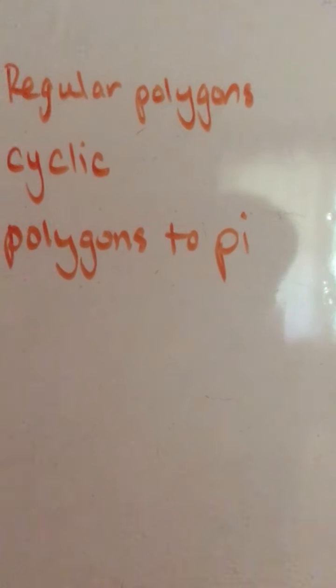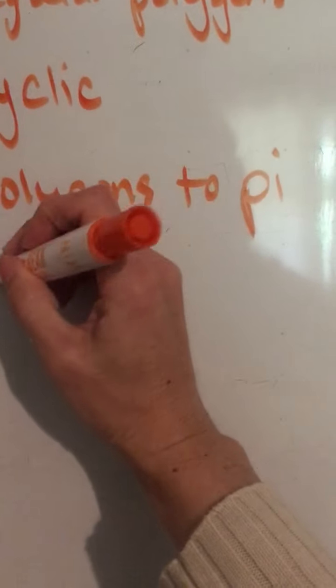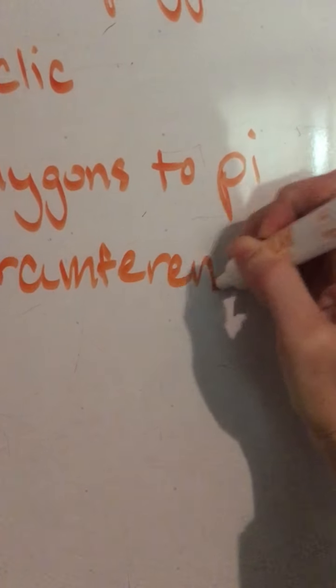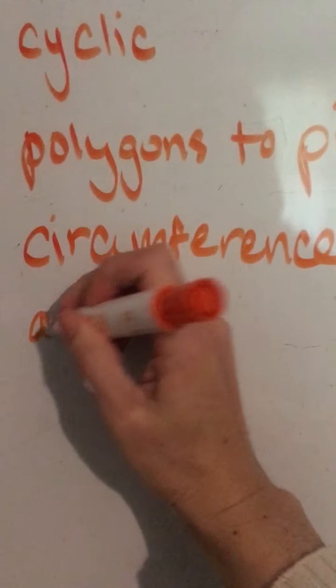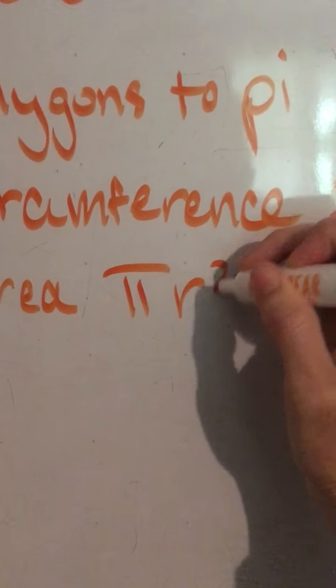Okay, moving on from there. Once we have a number that approximates pi, then we can use that to find the circumference and the area of circles. So you should definitely be able to find the circumference of a circle with 2 pi r, and find the area of a circle with pi r squared.